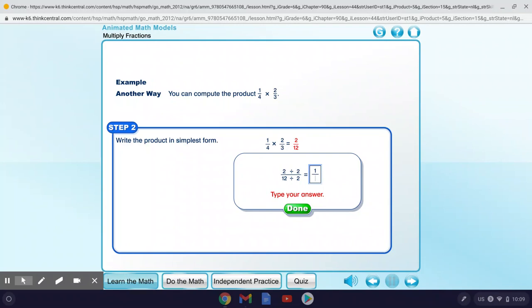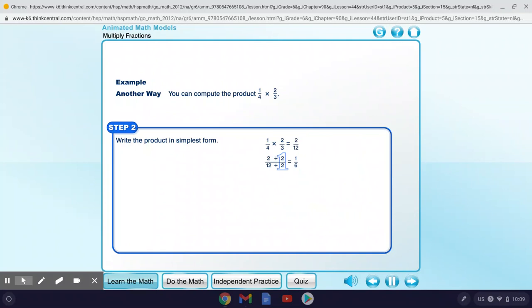Anybody? Yeah, 6. So the simplified answer is 1/6. That's right. The correct answer is 1/6. So 2/12 divided by 2/2, or 1, equals 1/6. So the product of 1/4 and 2/3 is 1/6.